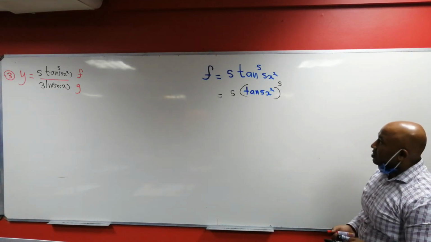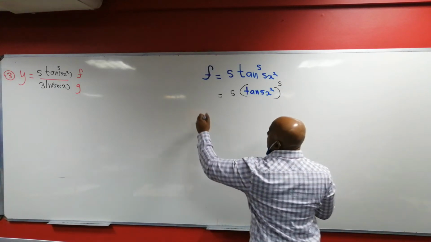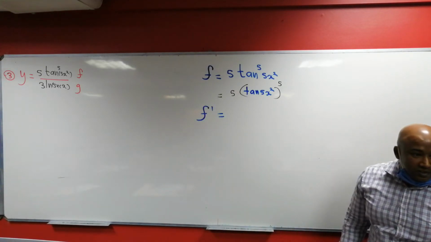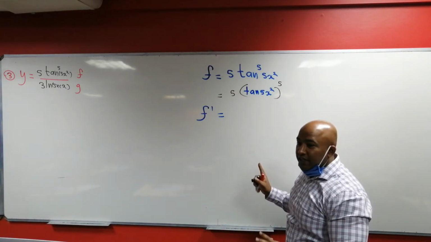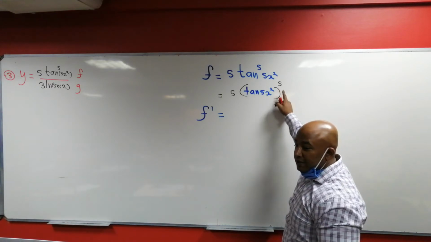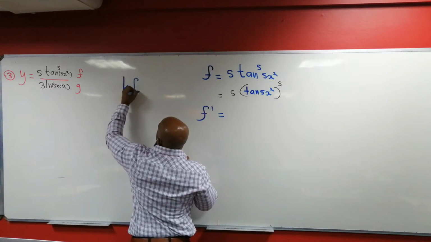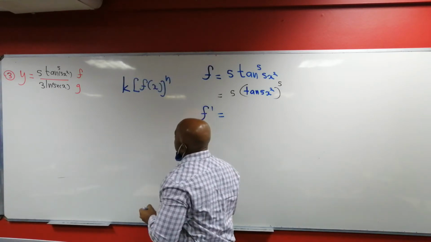So when you differentiate this, when you find f prime, what rule are we going to use? When we have an exponent which is not positive 1, any other number, then what rule do we use? Remember, we did it yesterday. Here we have k f of x to the power n.